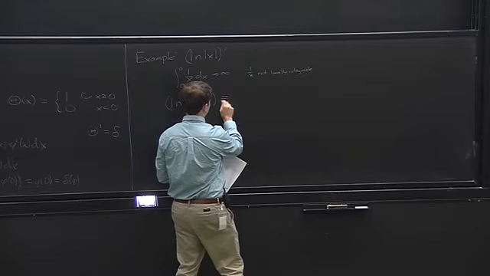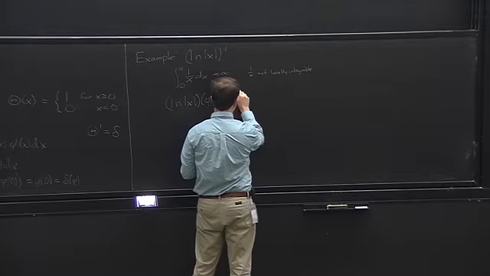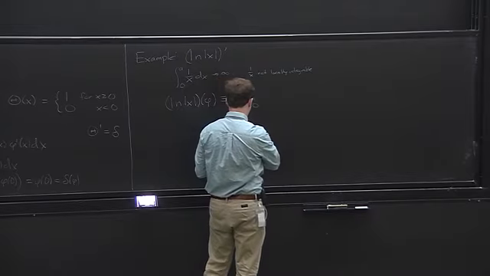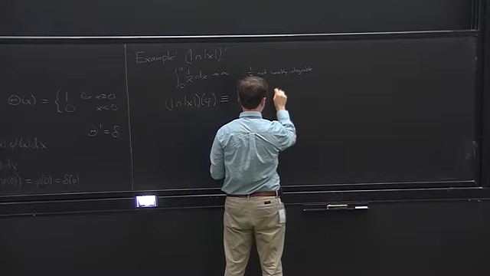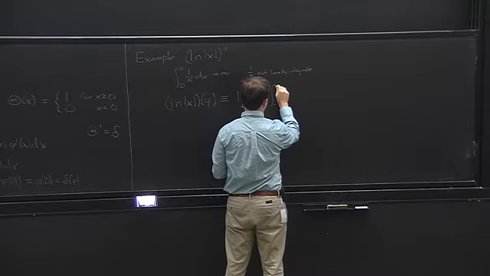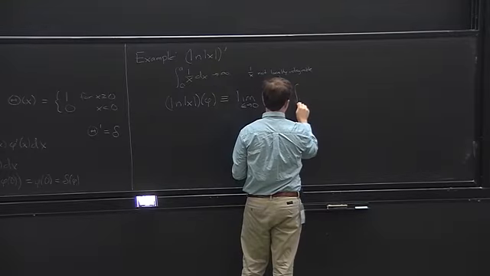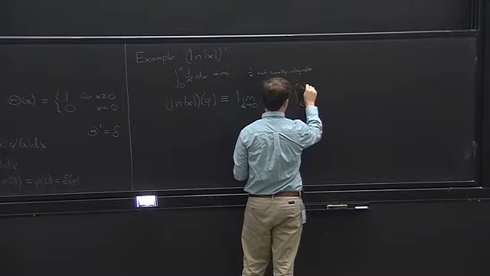So we can take as a definition the limit as epsilon goes to 0 of the integral from minus infinity to minus epsilon plus the integral from epsilon to infinity.